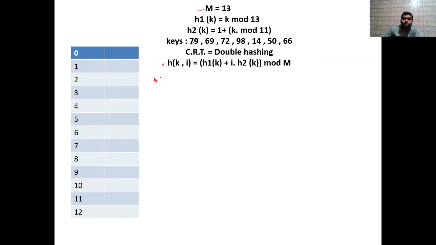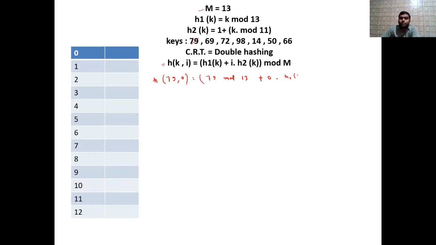h of key 79, comma probe 0. So what we are supposed to do: h1 of k means 79 mod 13, plus i, which in our case is 0, times h2.